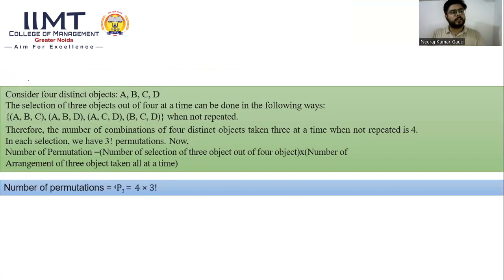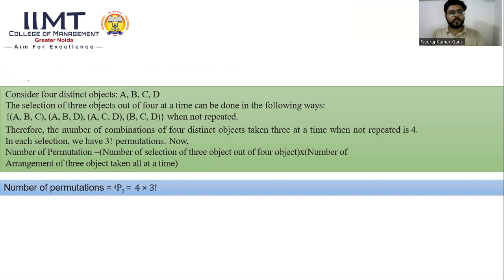Take an example. Consider 4 distinct objects A, B, C, D. The selection of 3 objects out of 4 at a time can be done in the following ways: ABC, ABD, ACD, BCD, when not repeated.